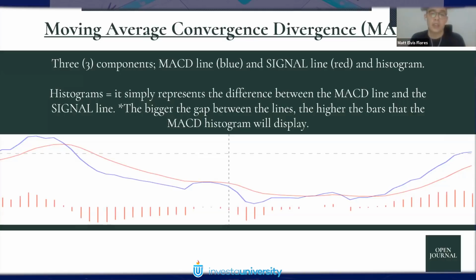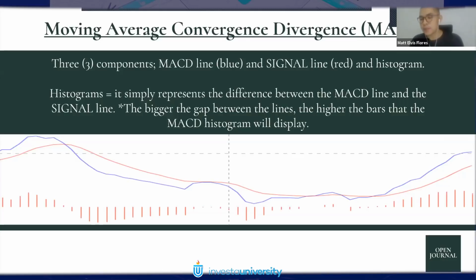Of course, given once nag-expand, di ba? So if the investor community already discussed the importance of different moving averages, itong MACD line also computes. So dito na pumapasok yung importance ng exponential moving averages and then MACD. Mas accurate sila if ginamit mo yung MACD mo ng EMAs or exponential moving averages.